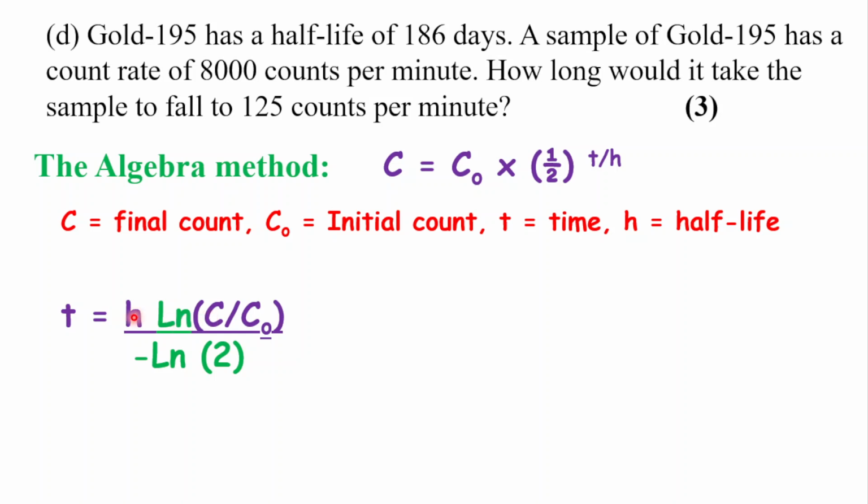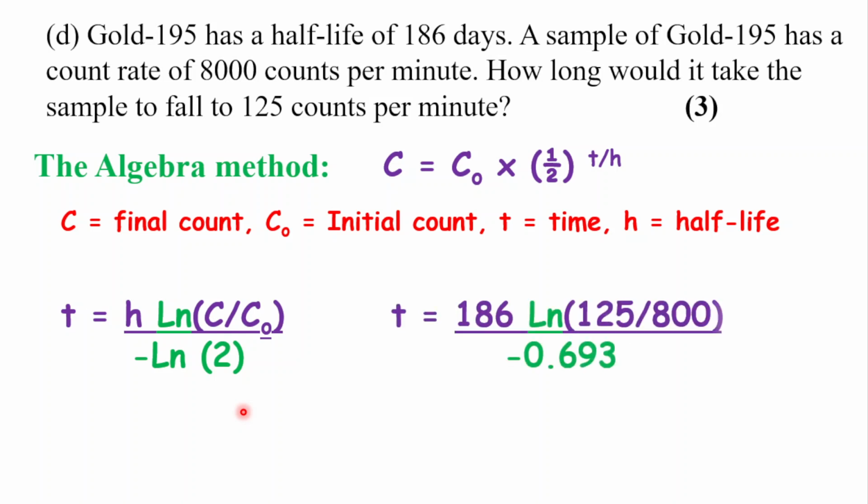And so it is H multiplied by the natural log of the final count over the initial count, all divided by negative natural log of 2. I'm going to point out something here as well, because if you plug this into the calculator, you may end up with some errors. So I'm going to show you what to do.